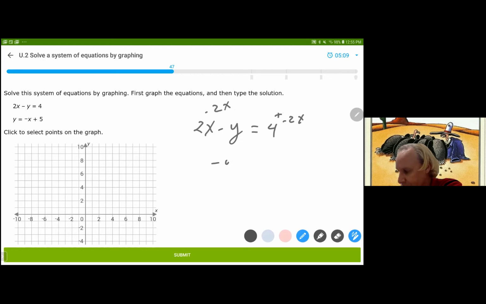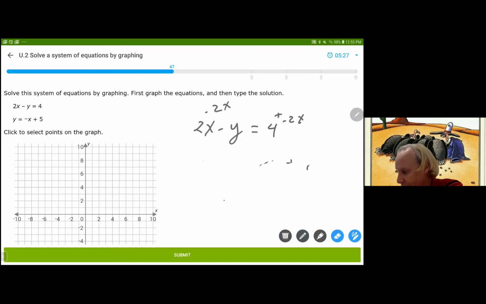Then change all the signs by dividing by -1, or IXL will tell you to multiply everything by -1. You get y equals 2x minus 4, and then you could graph it that way. That is not what I like to do.